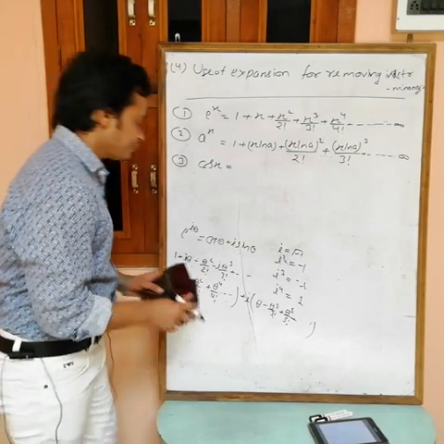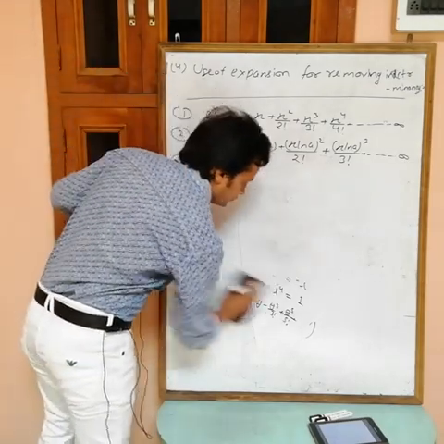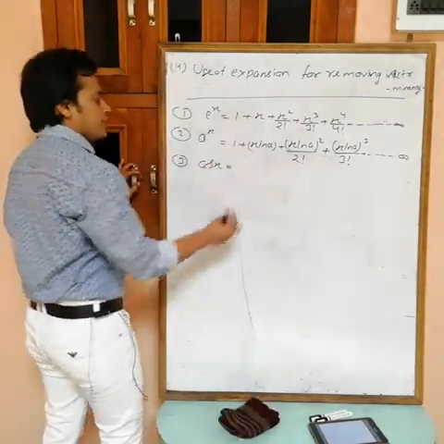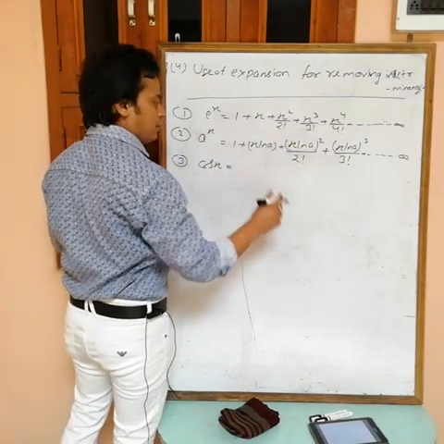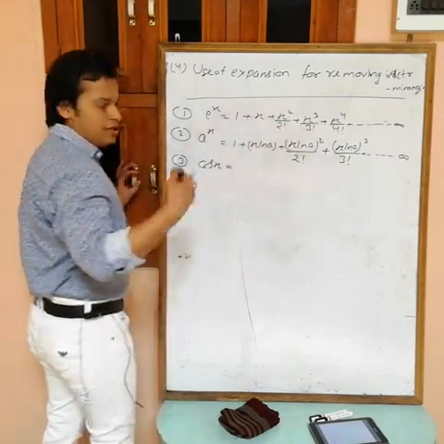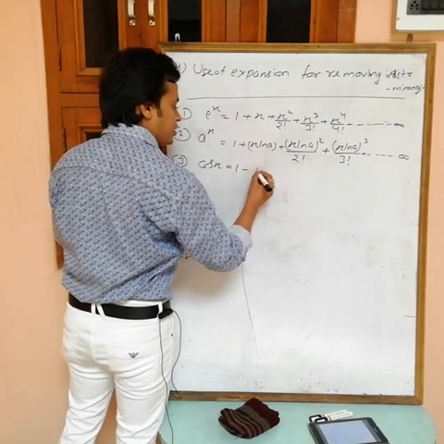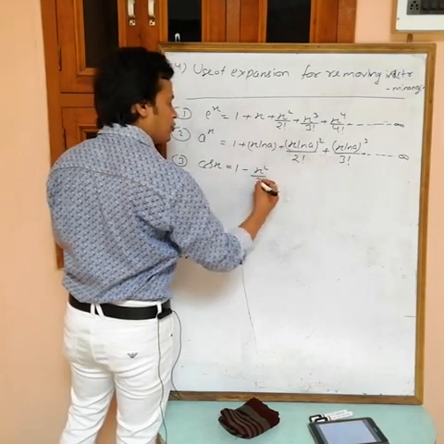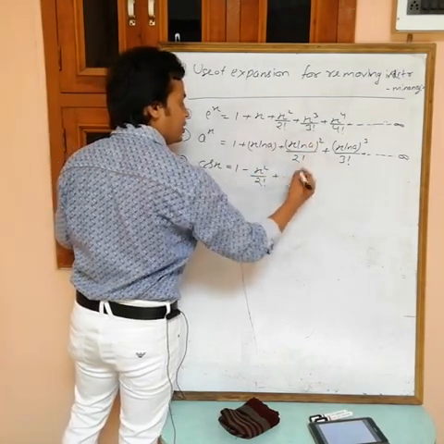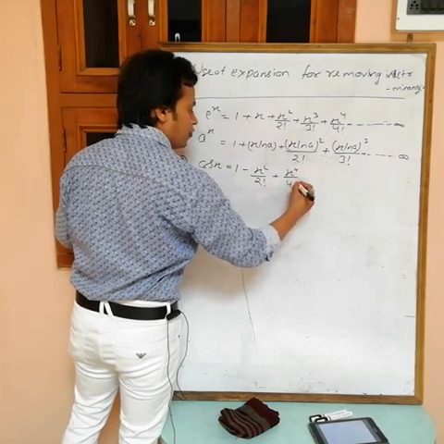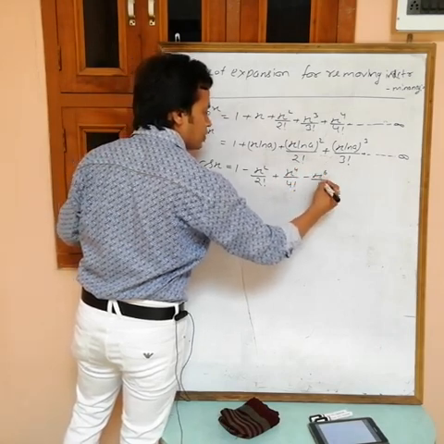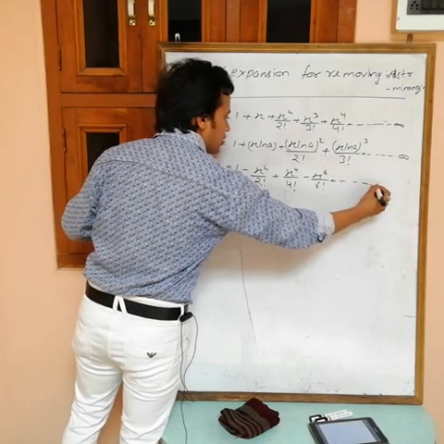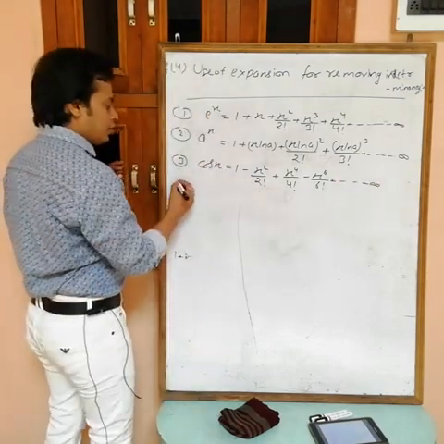The sequence of cos x has alternate terms with alternate sign: 1 minus x square by 2 factorial plus x power 4 by 4 factorial minus x power 6 by 6 factorial up to infinity.